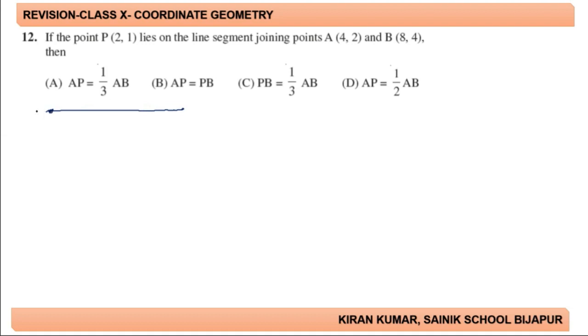This is point A having the vertices (4, 2). One more is point B having the vertices (8, 4). The point P is on the line segment AB, which is having the coordinate (2, 1).